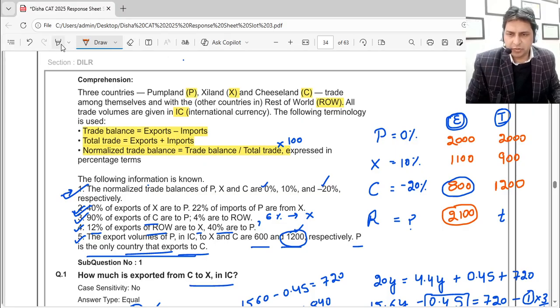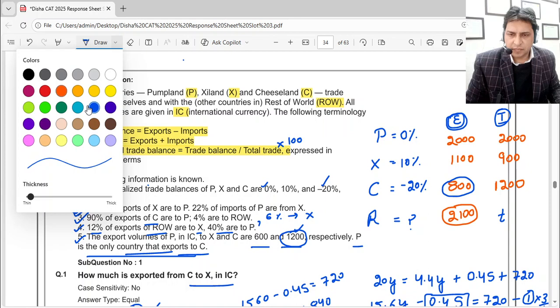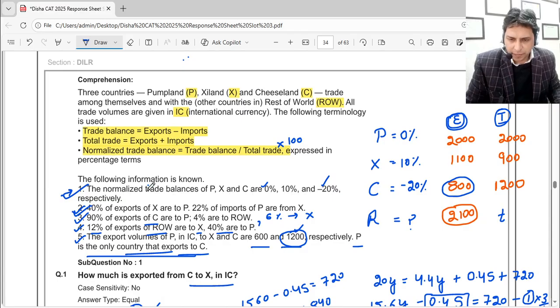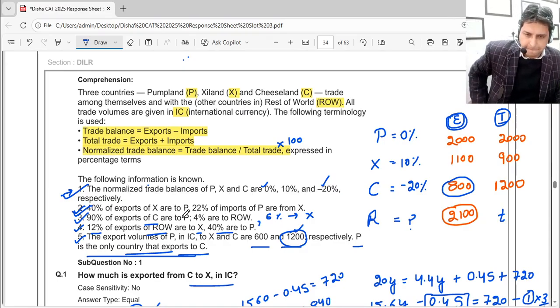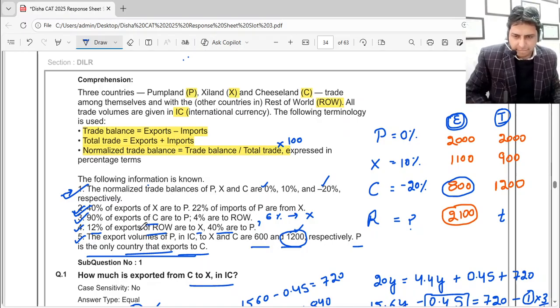Now to find out the T, we can use the simple basic information which was given, how much is being imported by R. So first of all we know that this T we have to find out.